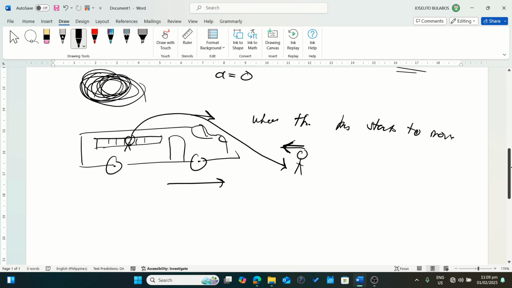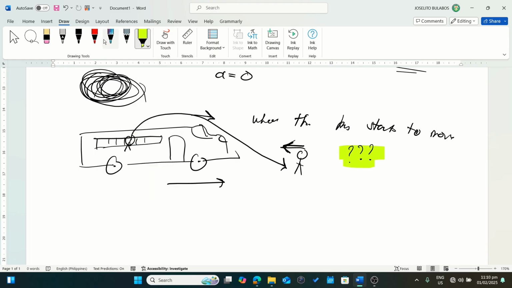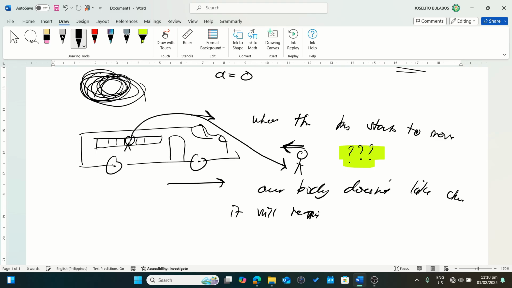Why? Why do we move in the opposite direction? And the answer to that is our body doesn't like change.